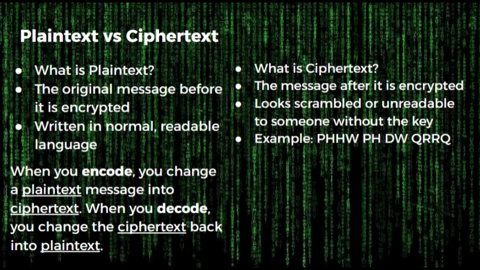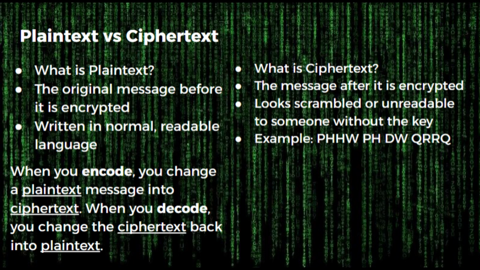Now, before we can start making our own secret messages, we need to understand two very important words, plain text and ciphertext. Plain text is the original message before it's encrypted. It's written in normal, readable language that you can understand. Ciphertext, on the other hand, is what the message looks like after it's been encrypted. So it'll be unreadable and it'll look like random letters unless you know the key or pattern used to make it.